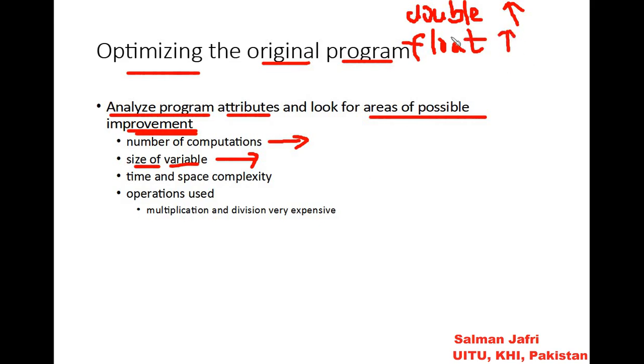So the idea is, if we could reduce the size of the variable, right? Double is 64 bits and float is 32 bits. So if you could carry out the same computation using integers or ints, which are 16-bit values, our time would decrease, because operations between smaller size variables are faster as compared to mathematical operations on bigger size variables like double or float.